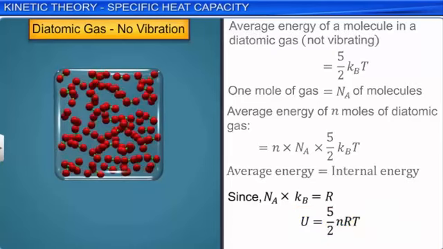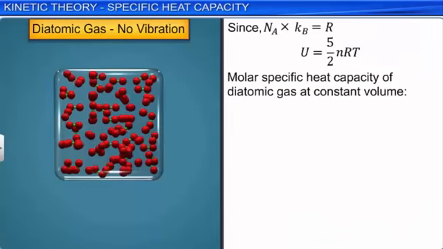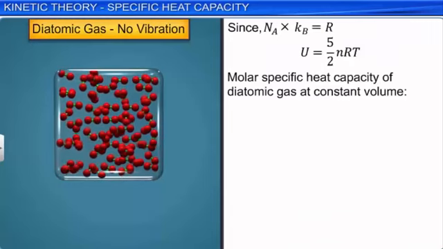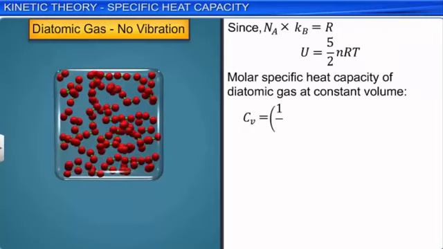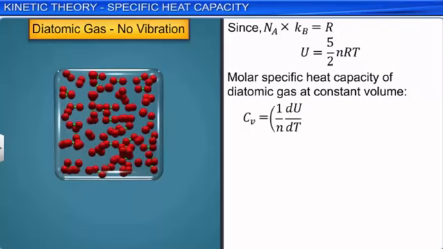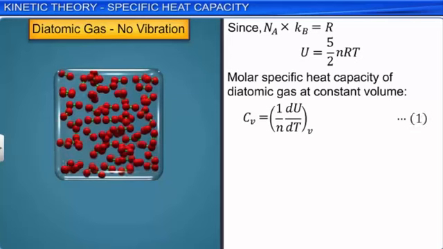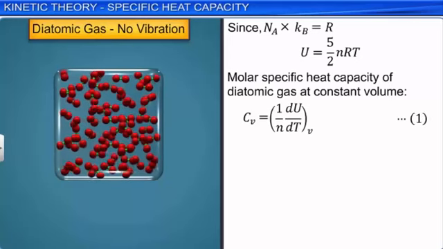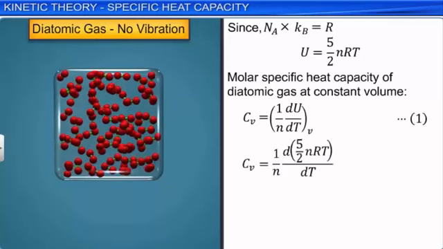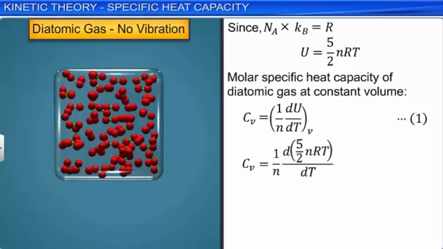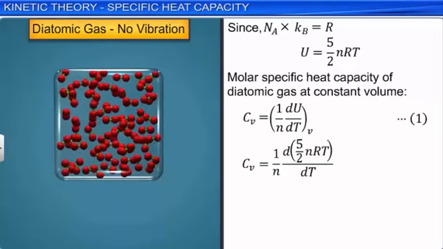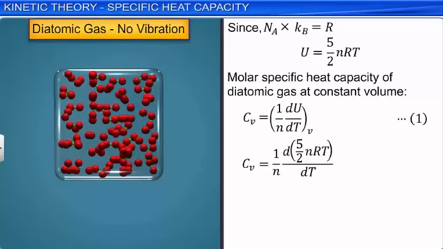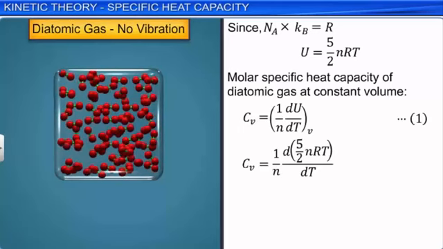The molar specific heat capacity of a diatomic gas at a constant volume, Cv, is equal to 1/n multiplied by dU/dT. By substituting the internal energy of a diatomic gas in the above equation, we get the specific heat capacity at a constant volume, Cv, is equal to 5/2 R.